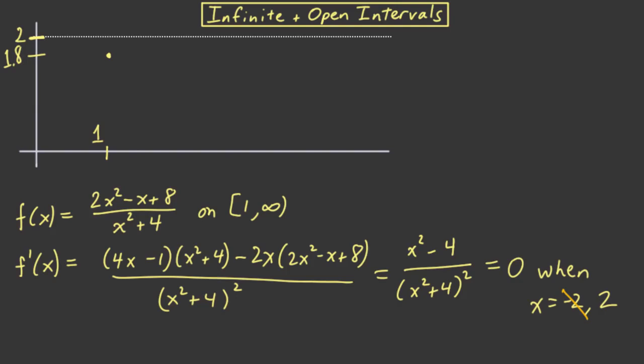And if we plug that in, we're going to get f(2) equals 14 on top, and then it's over 8, and that's equal to 1.75. So up on the graph, we can put the point (2, 1.75).